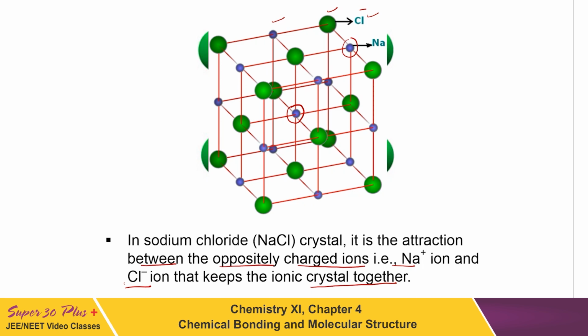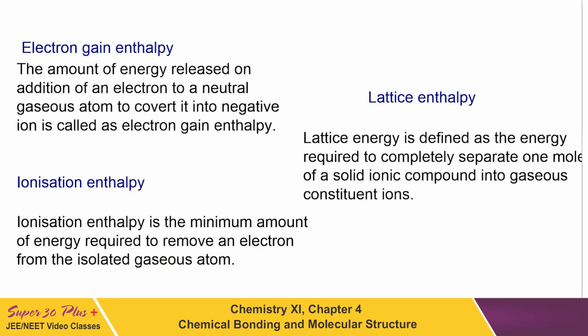Now we shall discuss further about the ionic compound. There are three energies involved here: electron gain enthalpy, the energy which is released in the formation of an ionic compound; ionization energy, which is required, absorbed energy; and lattice energy, which is released energy when one mole of lattice is formed. This energy could be absorbed energy also if you are trying to break the lattice, but here in the ionic compound we are not breaking any lattice, we are forming the lattice.